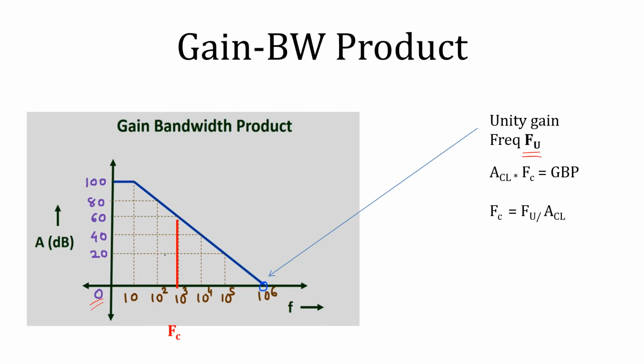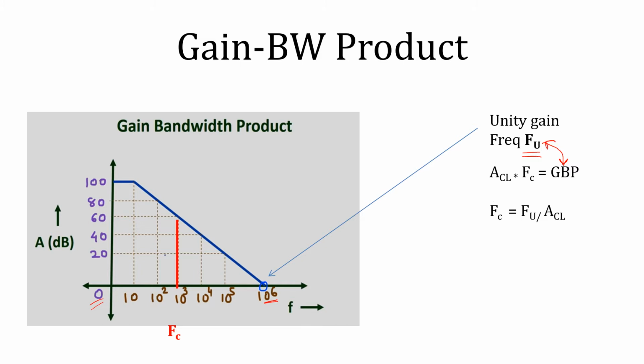the operational amplifier keeps on working satisfactorily up to the level of 10 raised to power 6 hertz. Okay, so our unity gain frequency FU, we can write down this FU in terms of FC, or we can find out a relationship between them, and this FU is ultimately in terms of GBP.